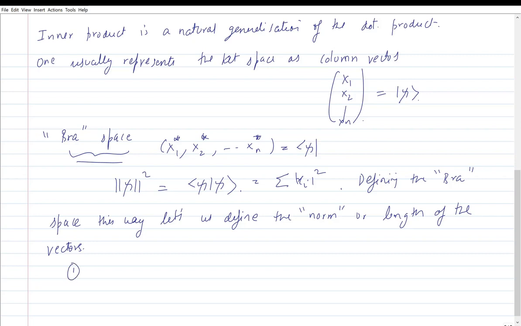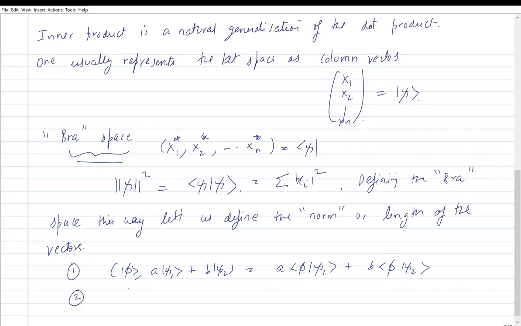So you have the properties which you already know, a linearity of the inner product. What else?